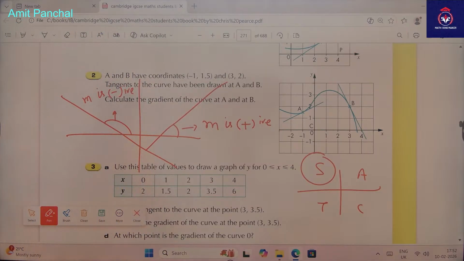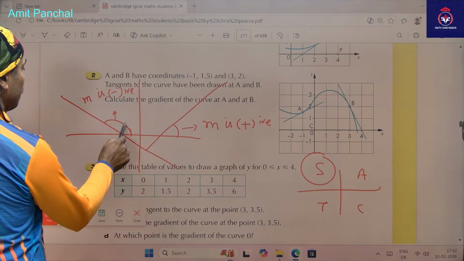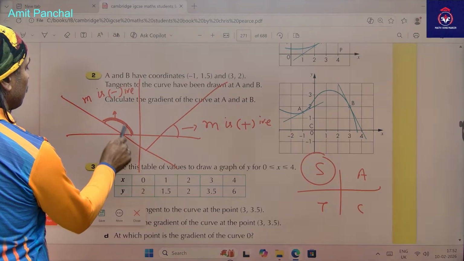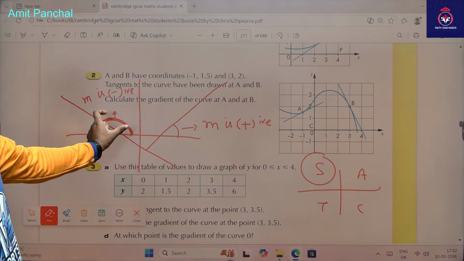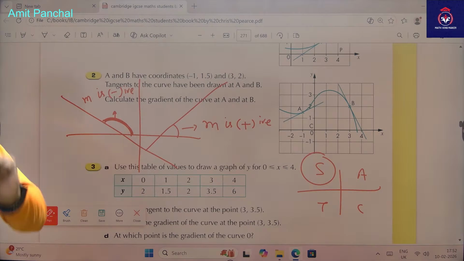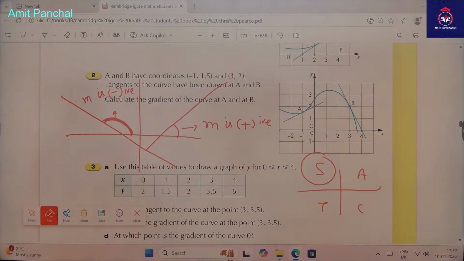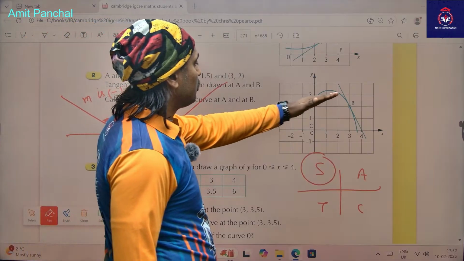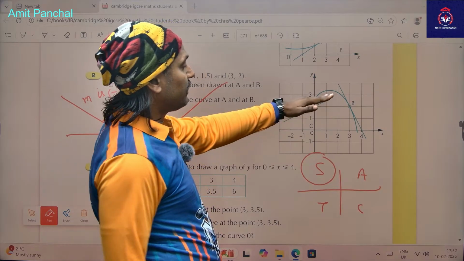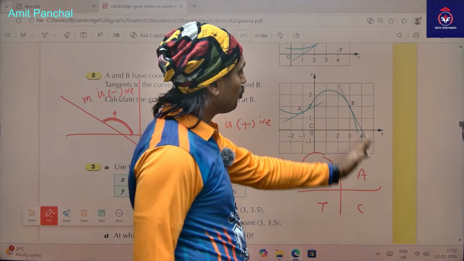Why will the gradient be negative? Tan theta is negative in the second quadrant. This one is an obtuse angle, so an obtuse angle will always lie in the second quadrant. That's why your gradient will be negative if you have an obtuse angle. So here theta is acute, and there theta is obtuse.